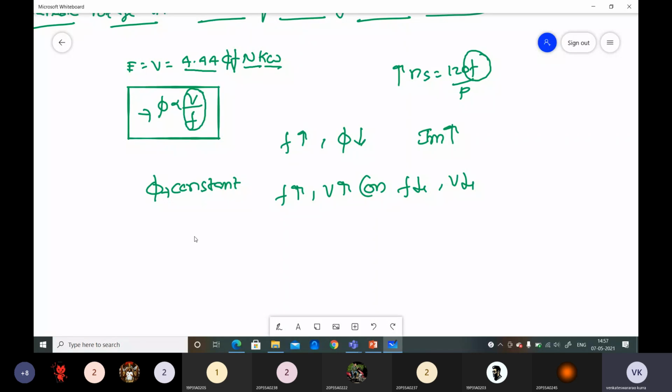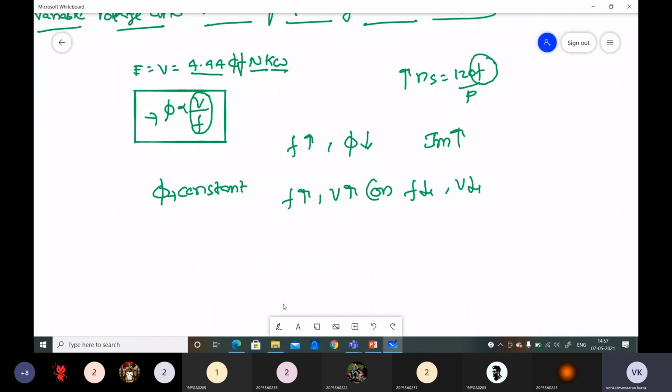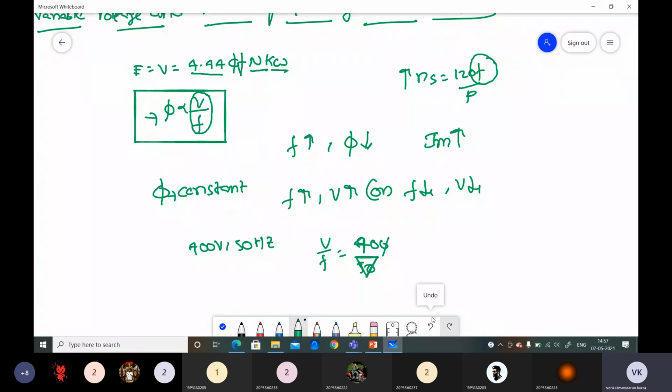Suppose you apply 400 volts and 50 hertz supply. Then the V by F ratio is 400 by 50, which gives 8.